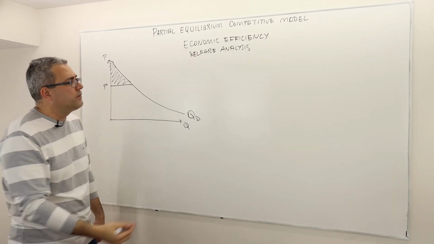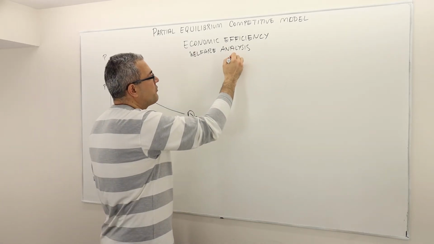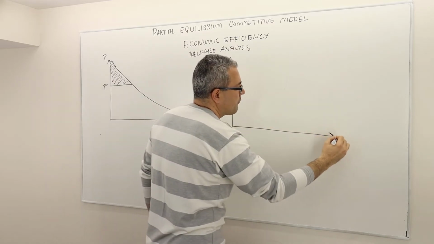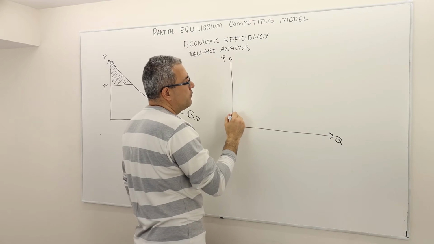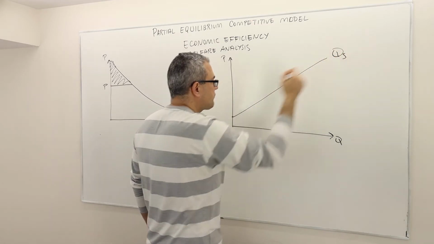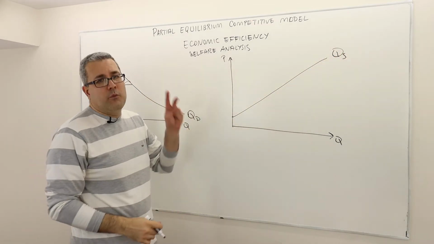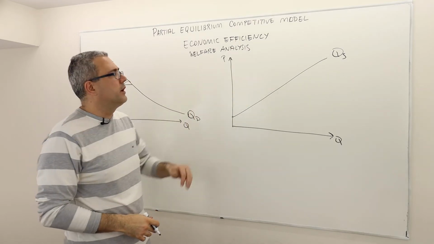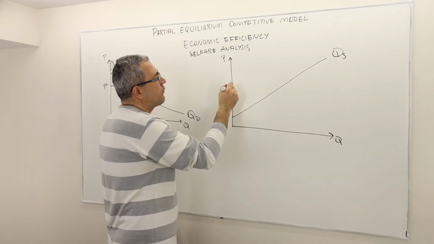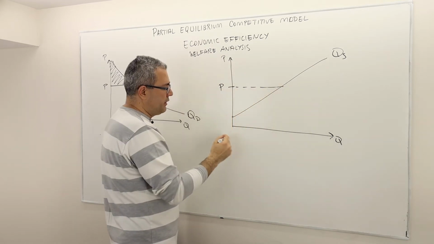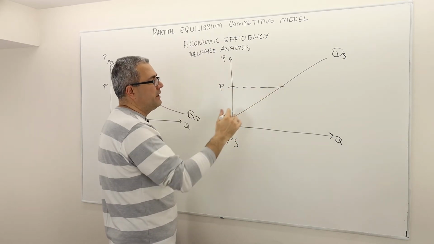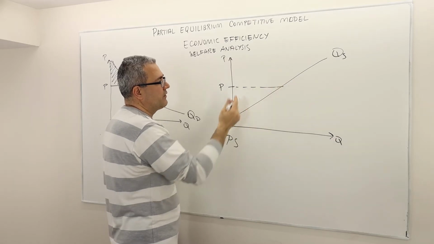Well, what about the producers? Similarly and symmetrically, when we have a quantity versus P graph and a supply curve, let's assume it's an increasing function, all right? We're assuming that these are long-run supply curves. So for any given price, we measure the producer surplus as the area between the price line and the supply curve.